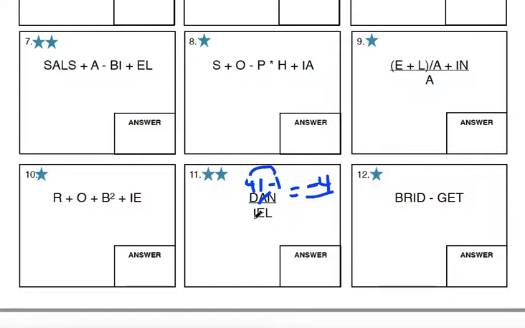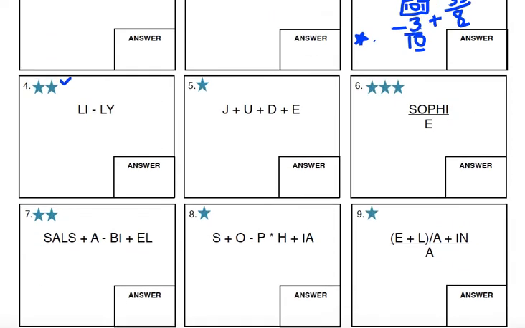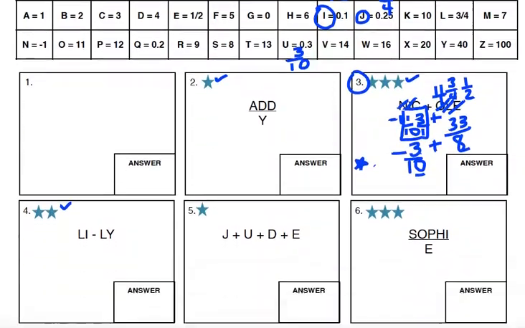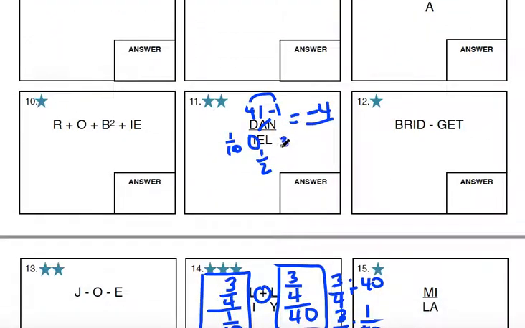In the denominator, we have that I again. 1/10 is I, and then E is 1/2, and then L is equal to 3/4. So we have 3 fractions in the denominator, but that's easy.